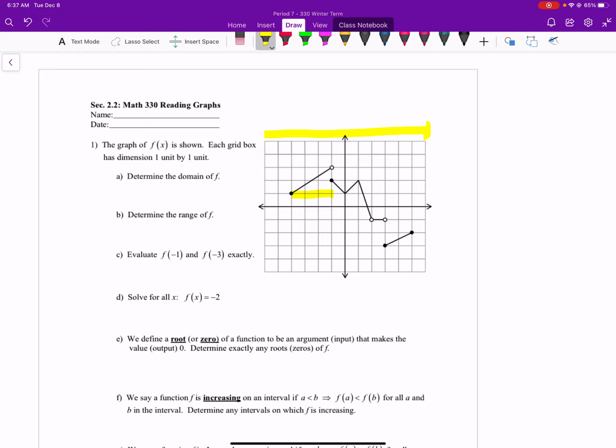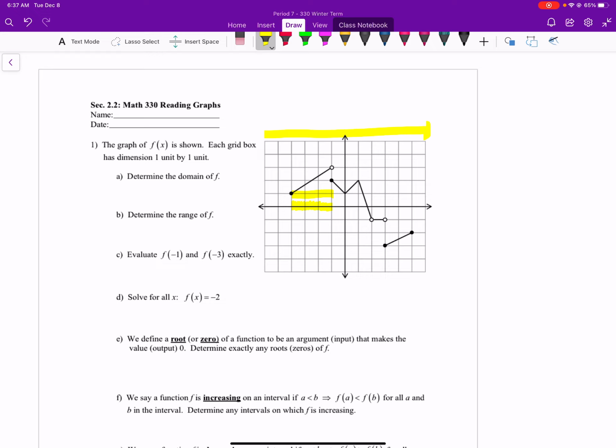Clearly, you can see that the x value is okay all the way till you reach -1. At -1, you have a filled-in circle and an open circle. Because you have a filled-in circle, it will override the open circle, so there is an x value.